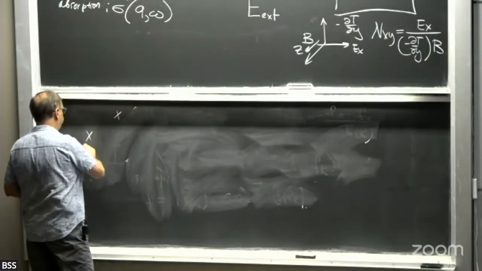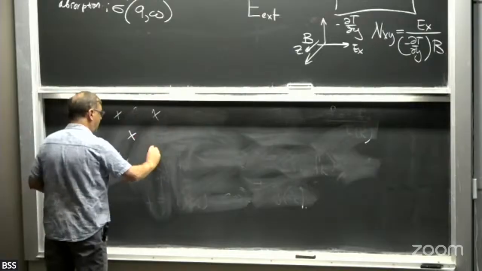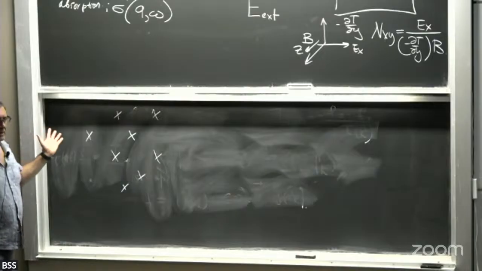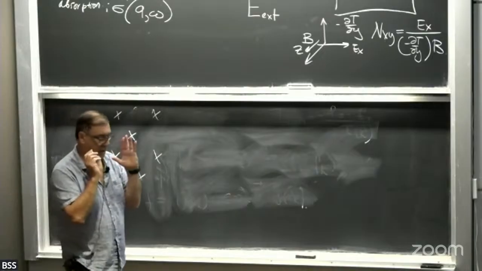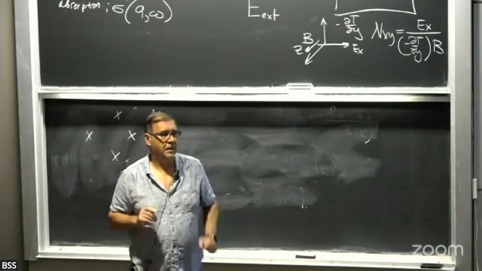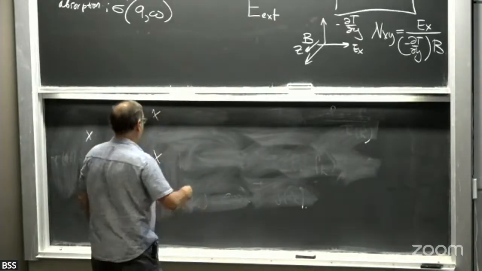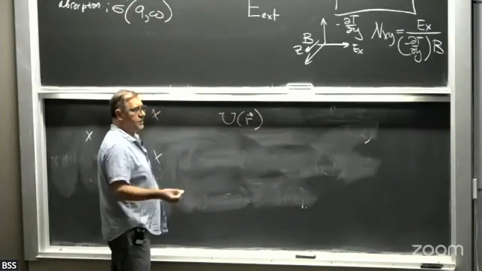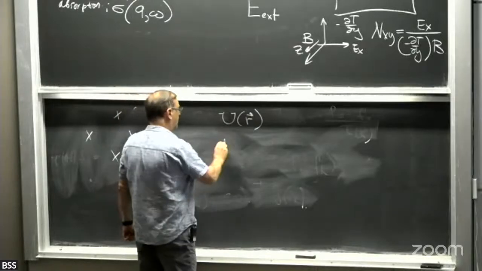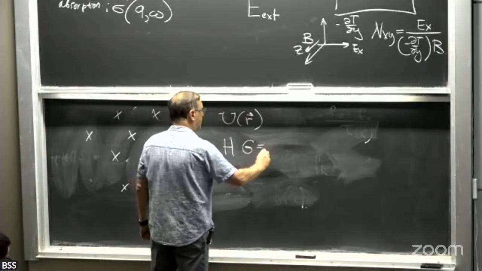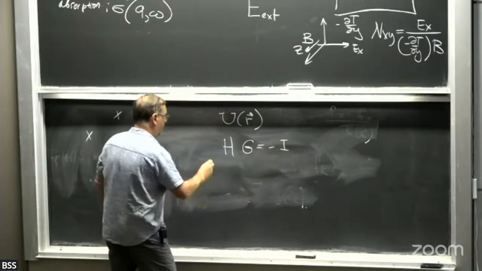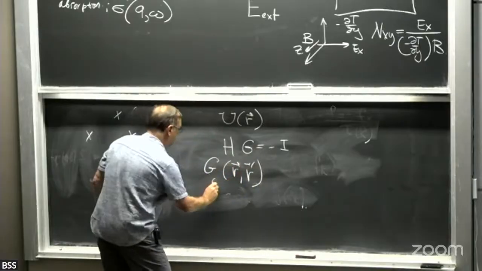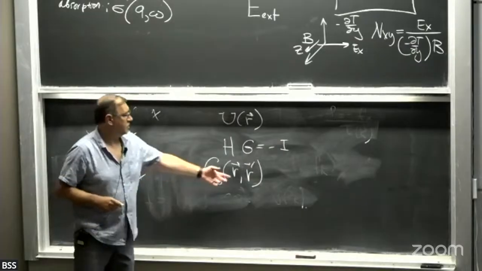So let's say I have some impurities in my system, scattered randomly, but I'm looking at one given realization. And at one given realization, I have some potential U of R. And I can solve my Schrodinger equation. I need a Green's function. So I'm just solving (H minus omega) G equal to minus I. And let's say I know this Green's function at some frequency omega, which is a function of 2 points.